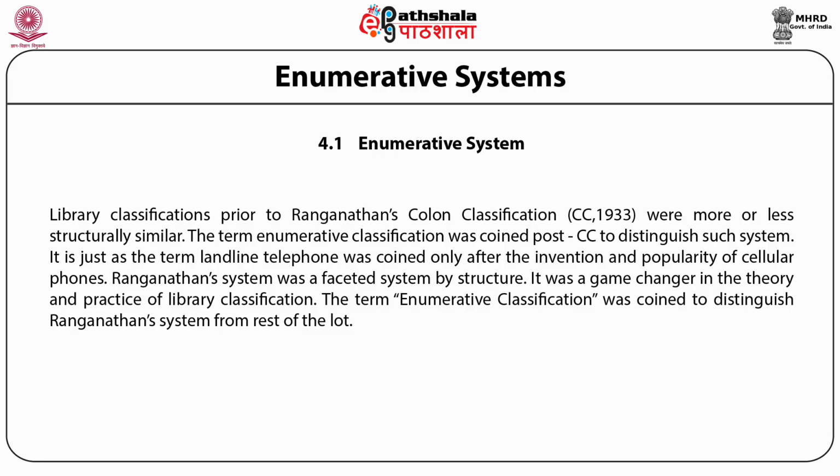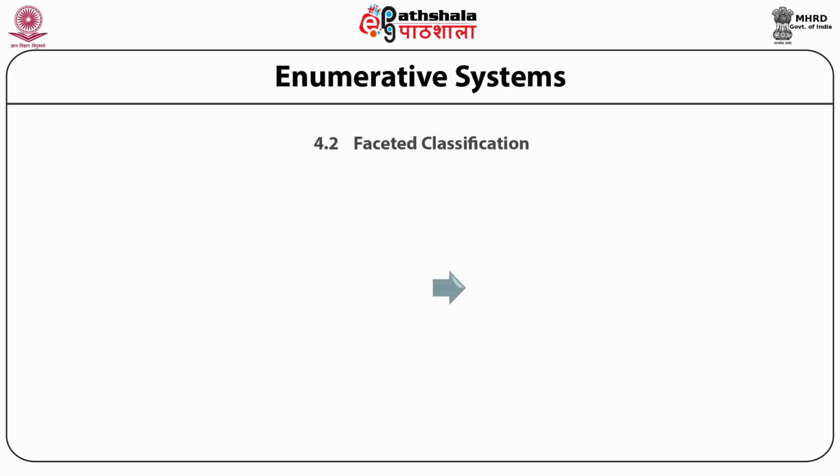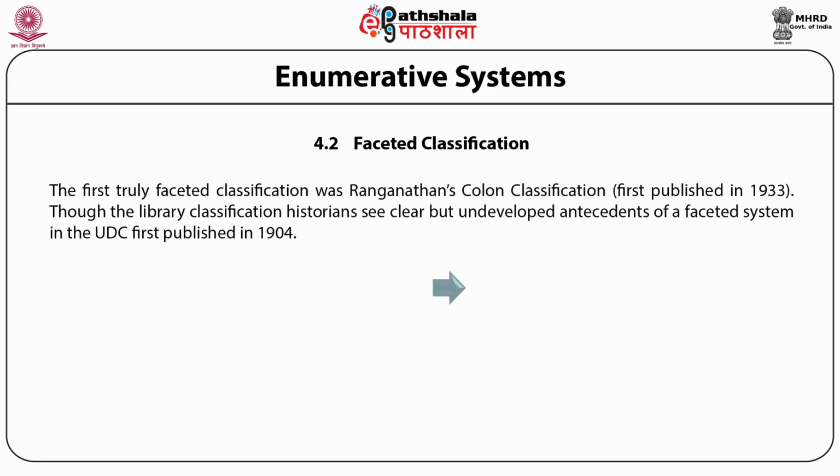Hence it is known as an enumerative system, that is, mark with the class number and park on the shelves. It is also known as pigeonholing because every book is given a rigid place, a hole, in which it has to be fitted.